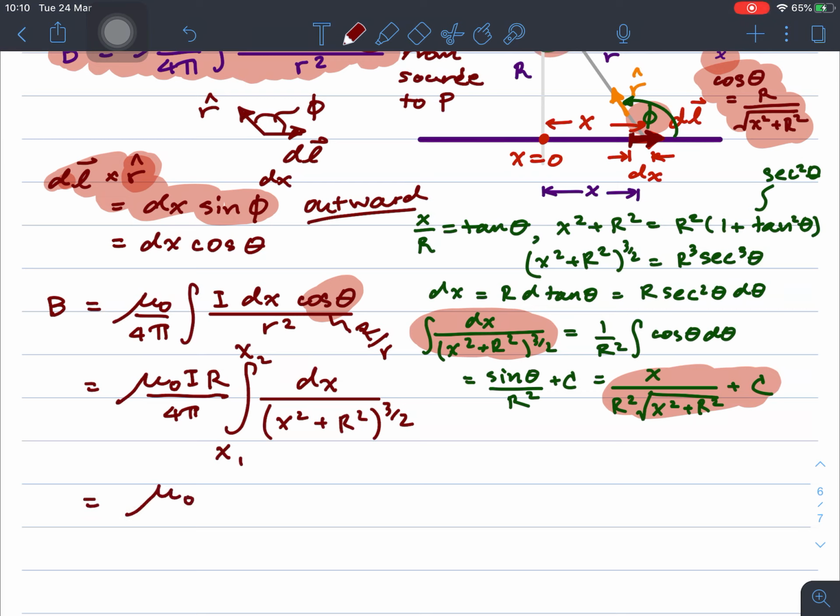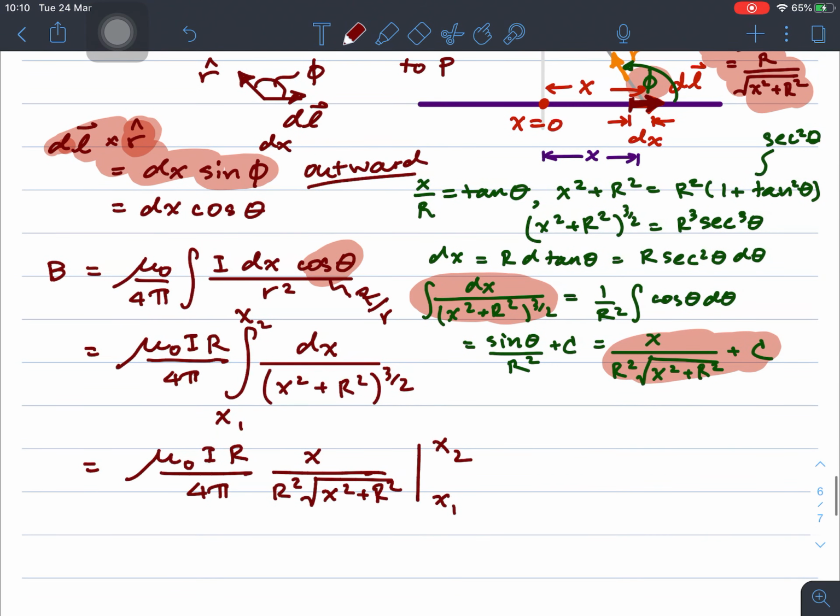So we have the constant mu 0 I R over 4 pi, and then we have x over R squared times the square root of x squared plus R squared, taking the upper and lower limit from x1 to x2.